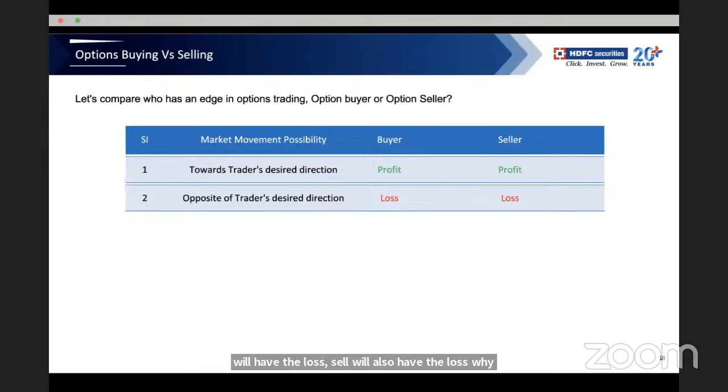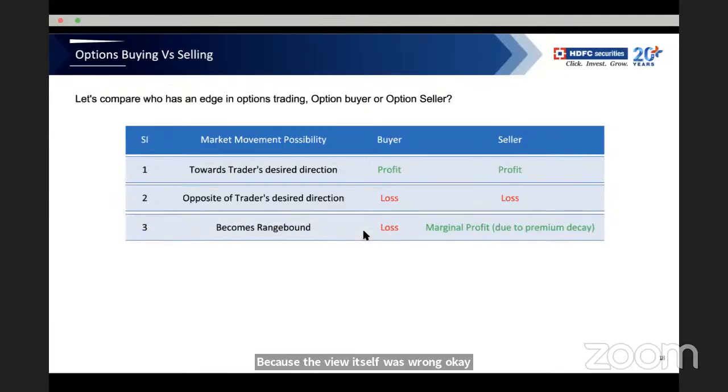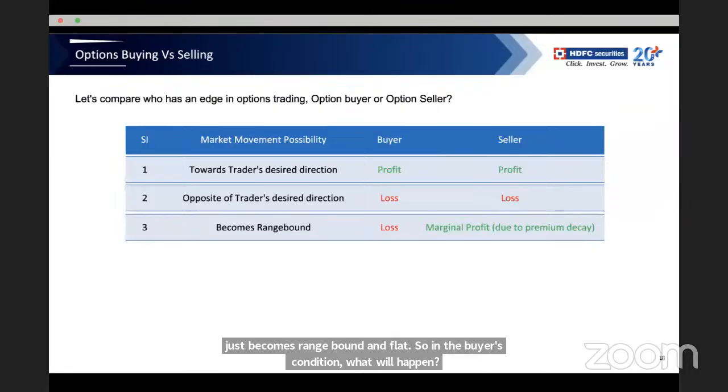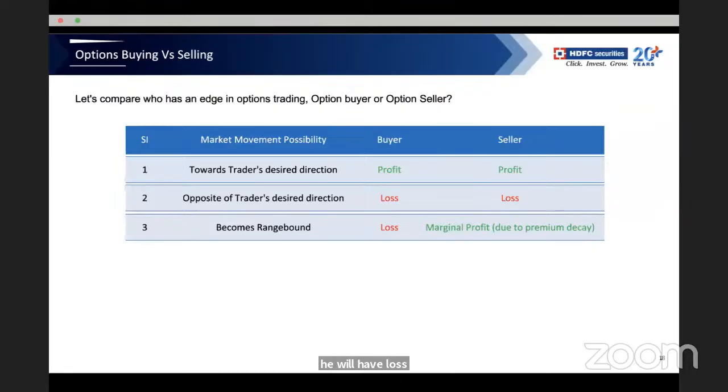Now, in the third condition, nothing happens. It does not go in the opposite direction, it does not go in the desired direction, it just becomes range bound and flat. So in the buyer's case, what will happen? He will have a loss. Why? Even if nothing happens, we have understood the concept of time decay, right?